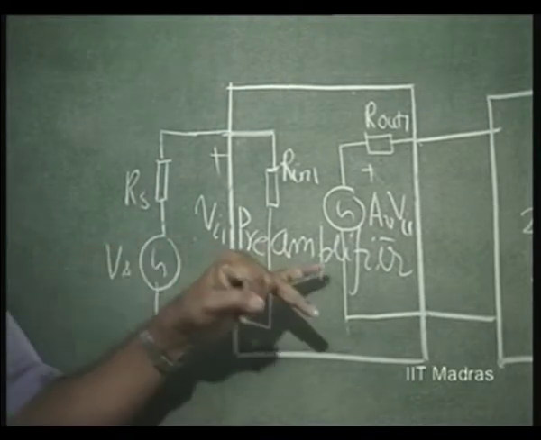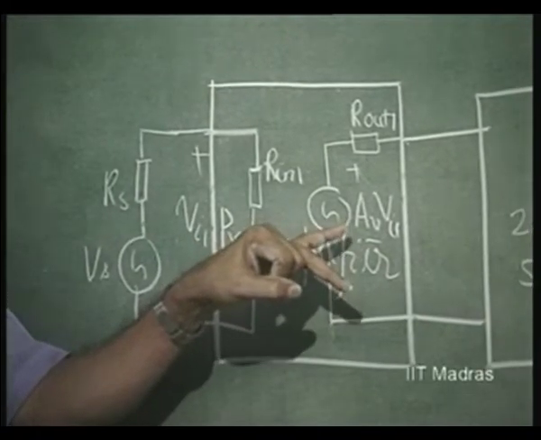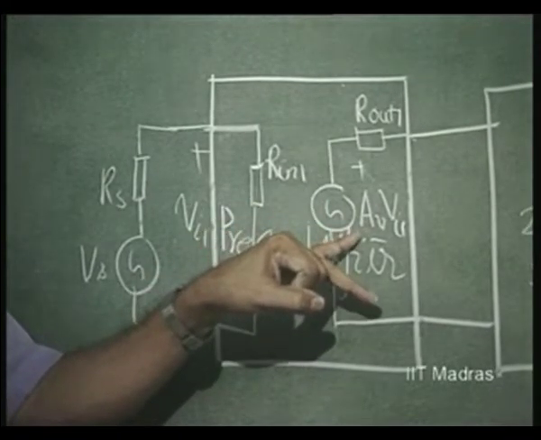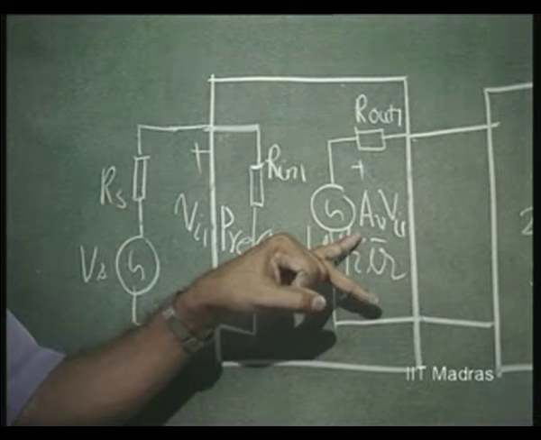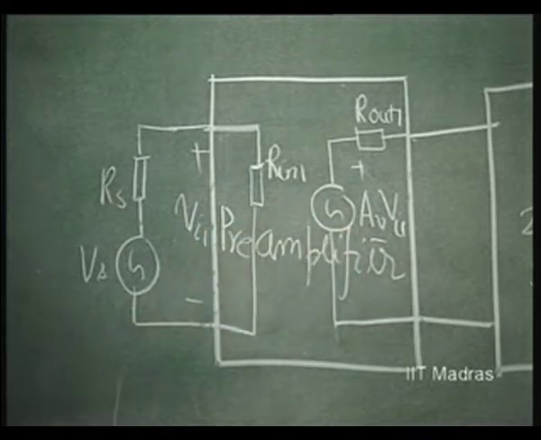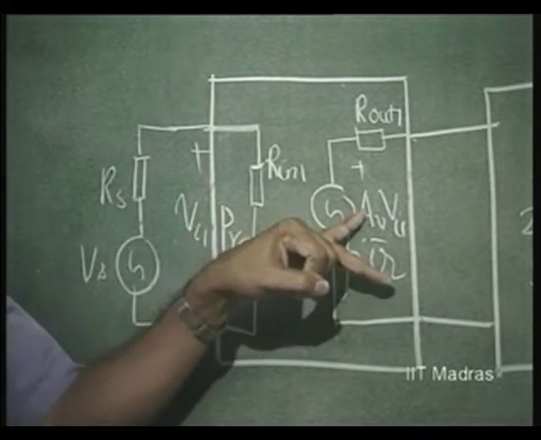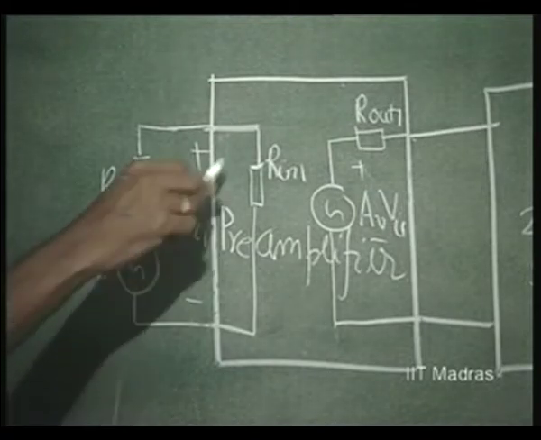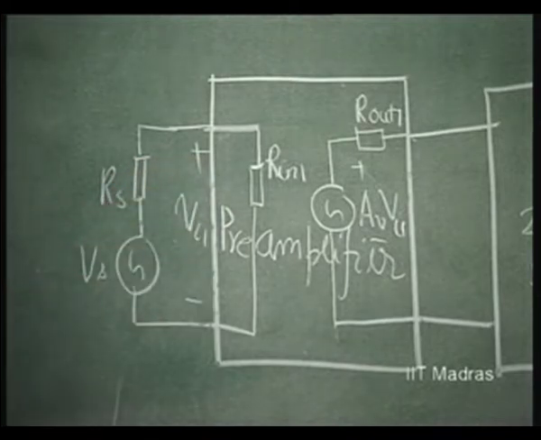For example, for the example that we had just now worked out, AV came out to be 20. In this case AV came out to be minus 20 because it was an inverting type. So, I have now used a non-inverting amplifier. So, 20, and input impedance was infinity.